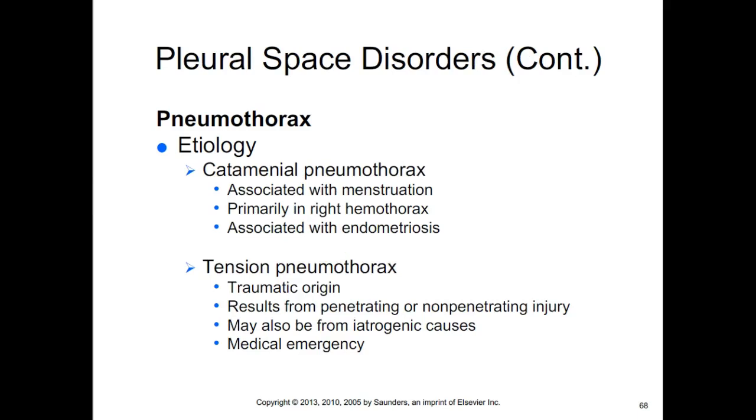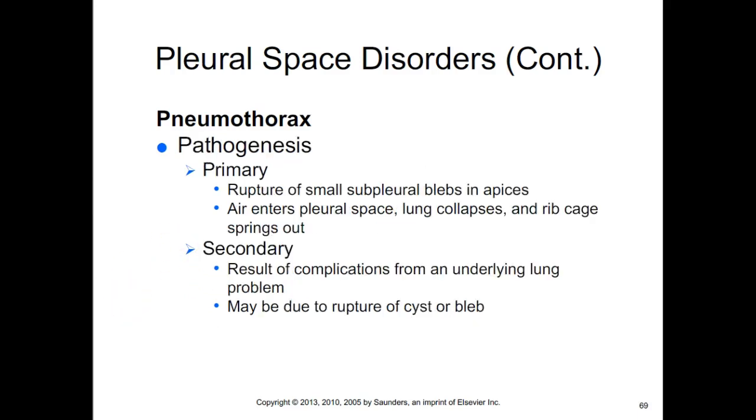A catamenial pneumothorax is associated with menstruation, primarily in the right hemothorax, associated with endometriosis. And a tension pneumothorax is usually traumatic in origin from a penetrating or non-penetrating injury. Could also be iatrogenic, remember, which means out of some sort of medical treatment. And it's a medical emergency. This tension pneumothorax can be caused by a gunshot wound or a knife wound.